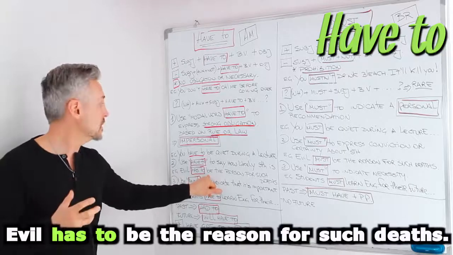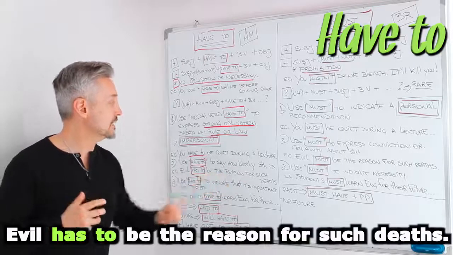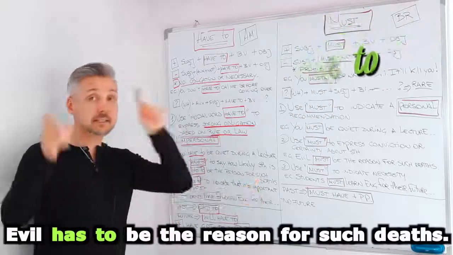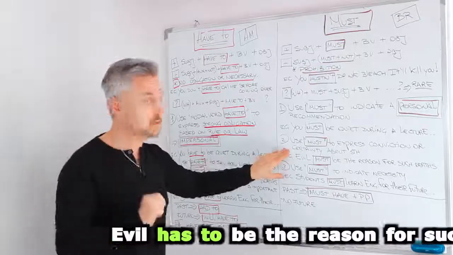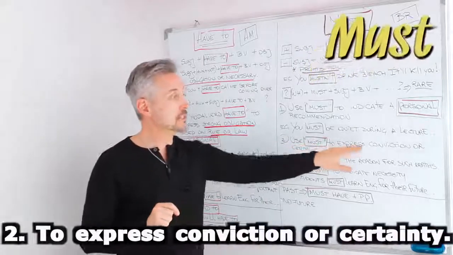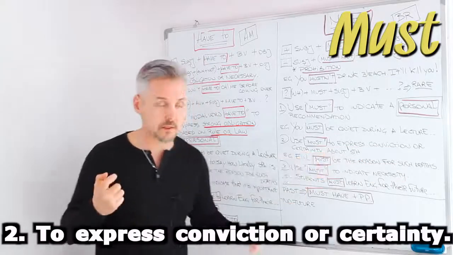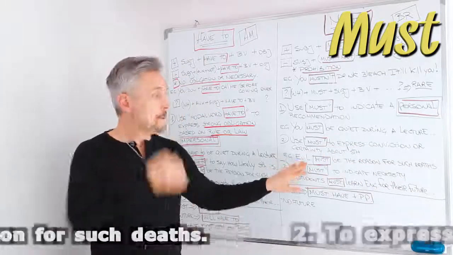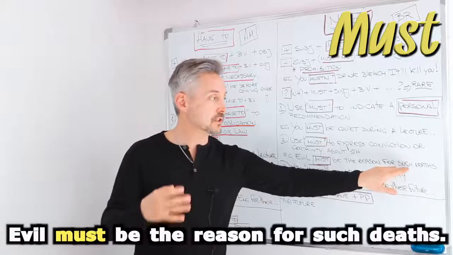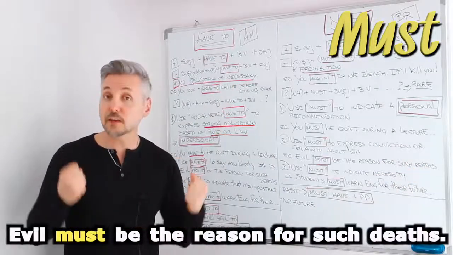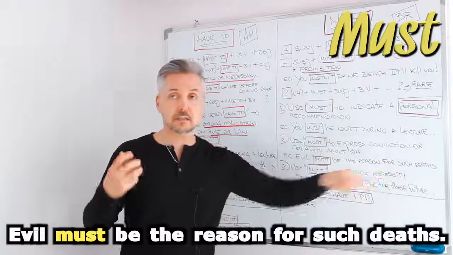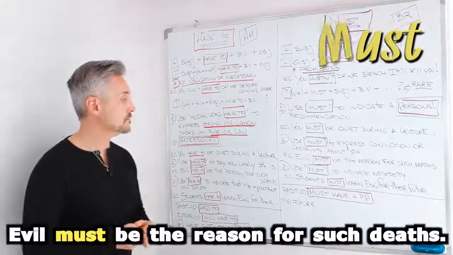So it's probable that evil was the reason for such deaths. Instead, if you use must, use must to express conviction or certainty about something. So evil must be the reason for such deaths. So I'm convinced that evil was the reason for such deaths.